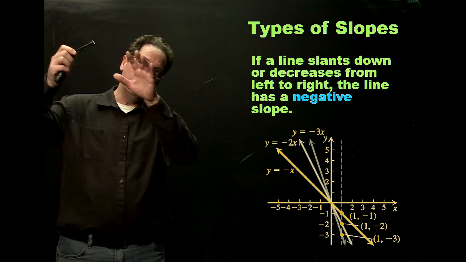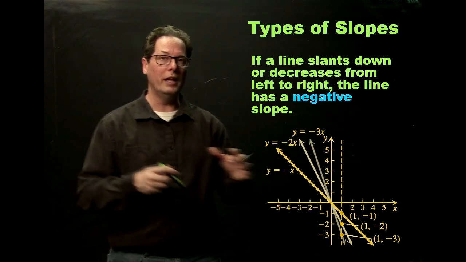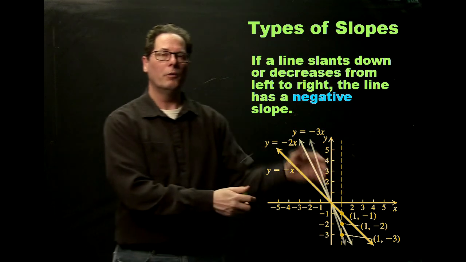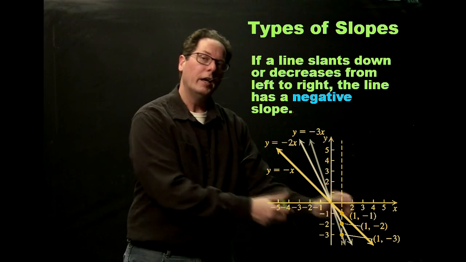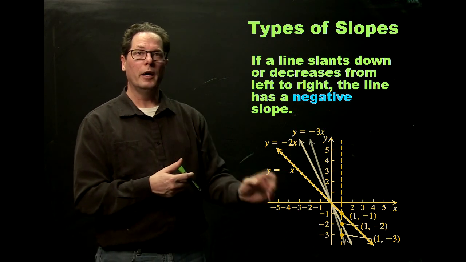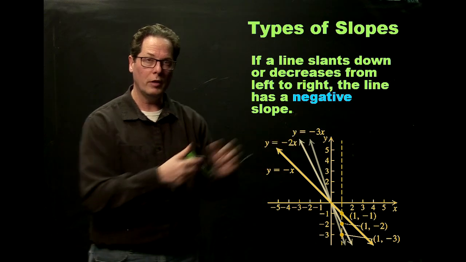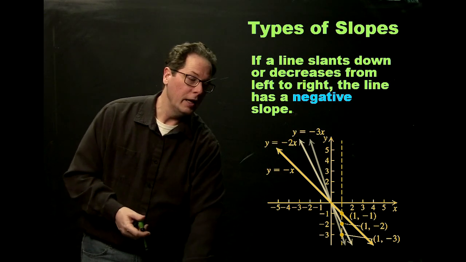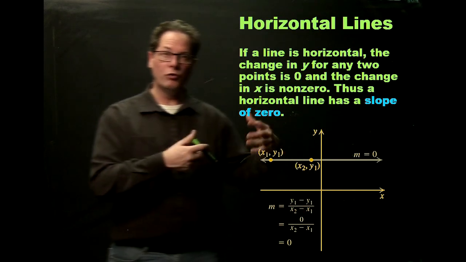Now, if they're going down the other direction, these 3 lines all have negative slopes. It's important you go from left to right. From left to right, you are decreasing down the line. That's what we call a negative slope. This line has slope -1, this line has slope -2, and this line has slope -3.